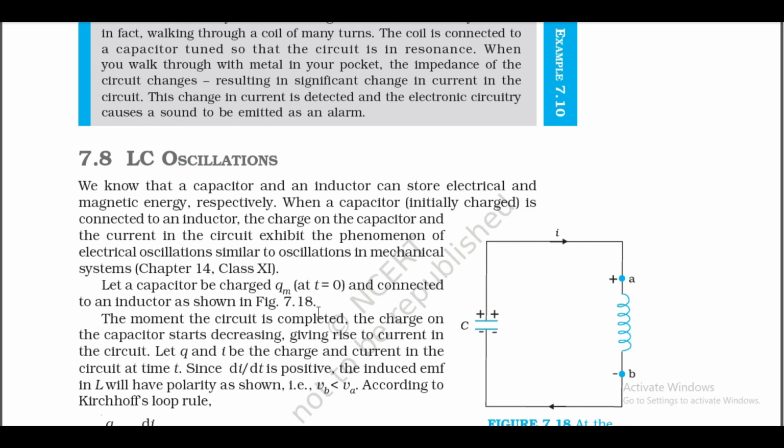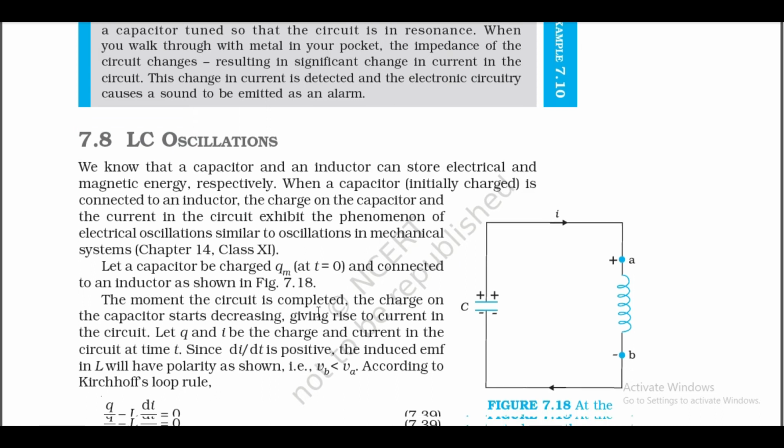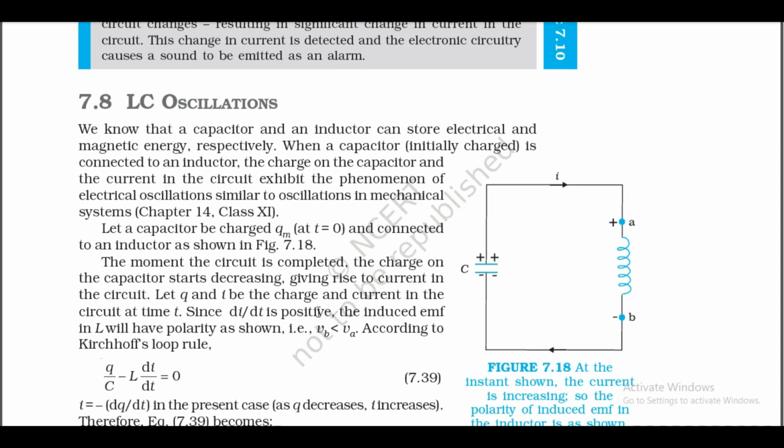7.18. The moment the circuit is completed, the charge on the capacitor starts decreasing, giving rise to a current in the circuit. Let Q and I be the charge and current in the circuit at time t.